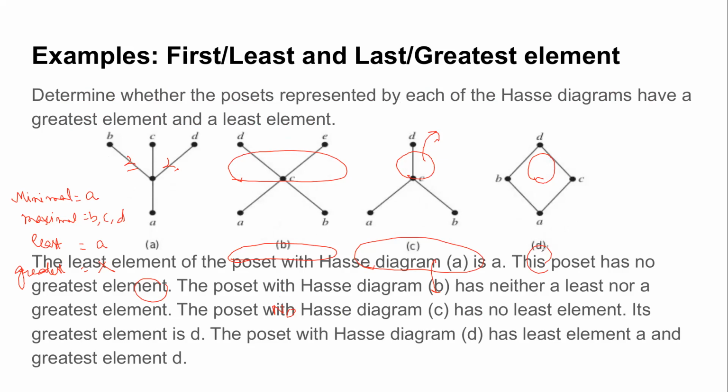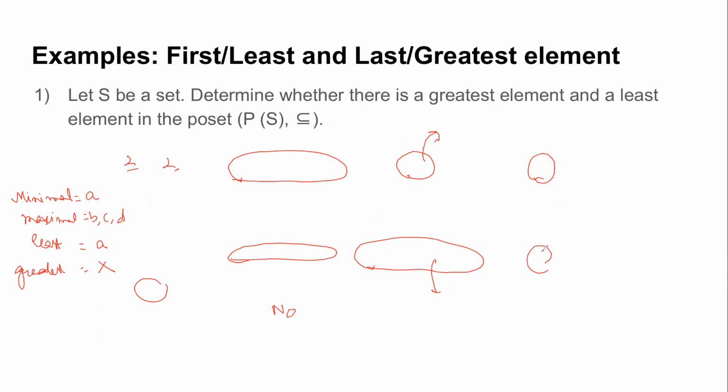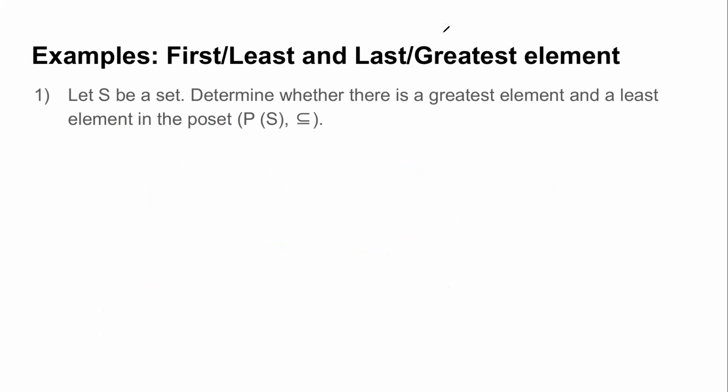Okay. Is that clear, class? Excellent. So tell me about these examples now. Suppose I define a set S and I give you the following poset: the power set of S, and the relation is subset. Can you tell me what the greatest element is, if that exists, and the least element if that exists?